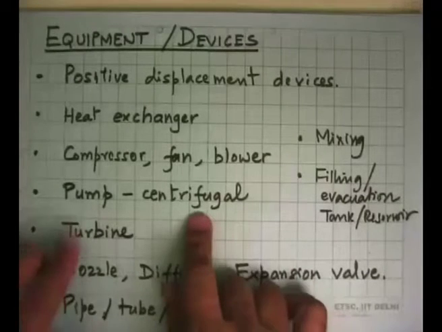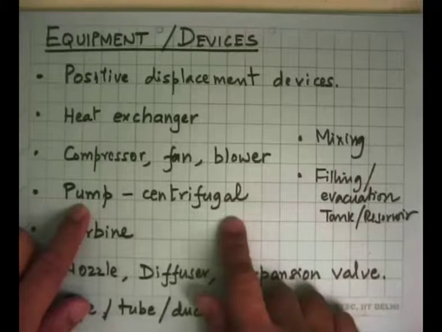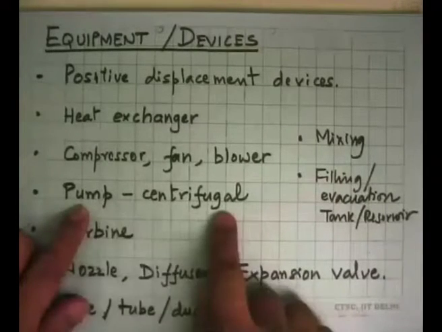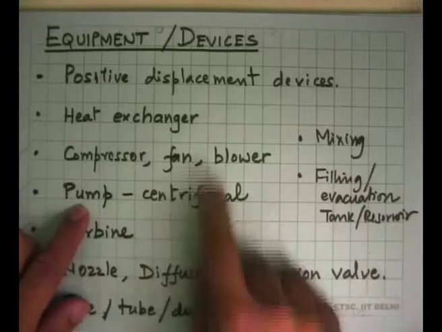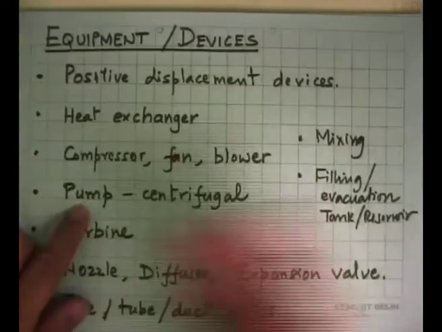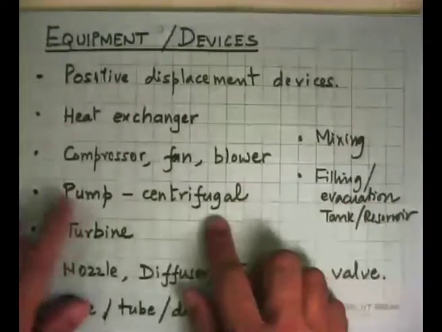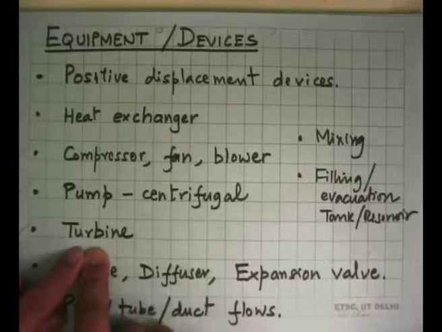Then we looked at pumps. We said these are devices that take a liquid and pump it to a higher pressure on a continuous basis. So here also work input is there, and we said that the ideal case was isentropic, like the compressors, fans and blowers, and what would be the real case where the entropy increases. And the last machine we looked at yesterday was the turbine.